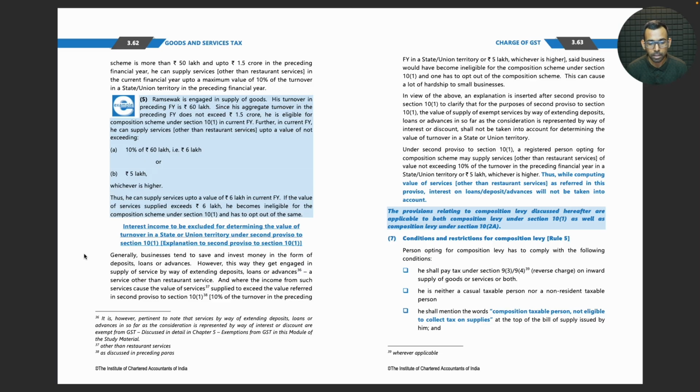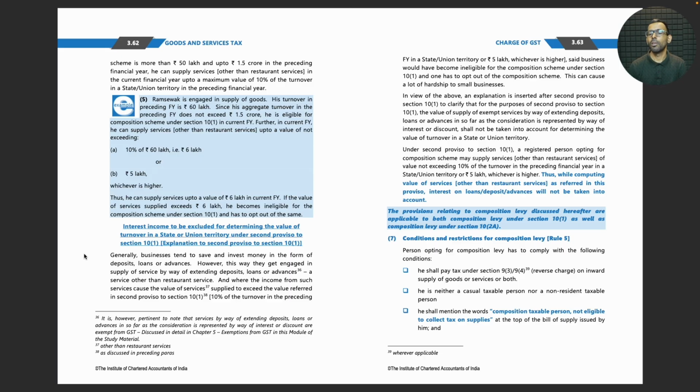Where the income from such services causes the value of services supplied to exceed the value referred to in second proviso to section 10 subsection 1, that is 10% of turnover in the preceding financial year in a state or union territory or 5 lakh, whichever is higher, the said business would have become ineligible for the composition scheme under section 10 subsection 1, and one has to opt out of the composition scheme.